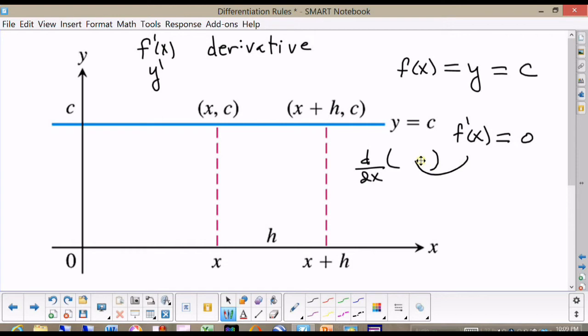And what is in parentheses would be a function, generally. D dx means the derivative of whatever is in parentheses with respect to x.